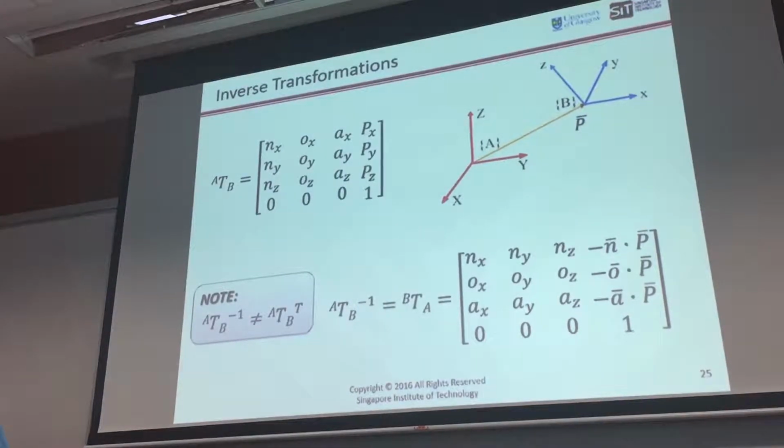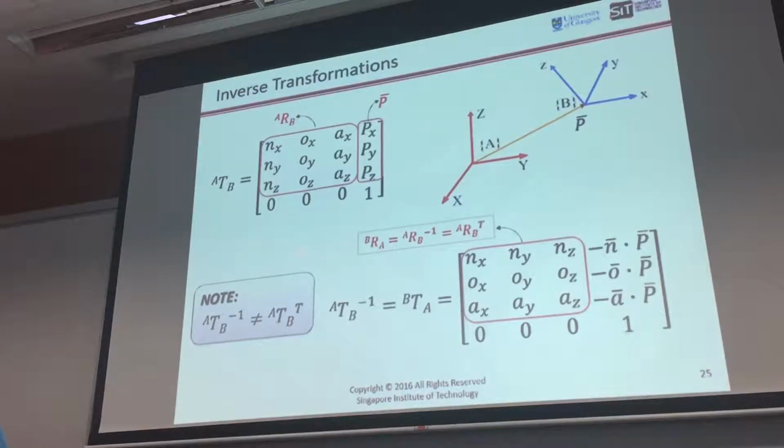They may also ask you to find the inverse of an entire 4x4 transformation matrix. Again, remember, you have two components in this transformation matrix, your rotation matrix and your position vector. So for your rotation matrix part, it's just a straightforward transpose.